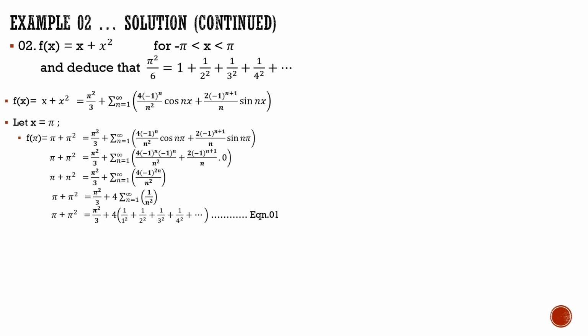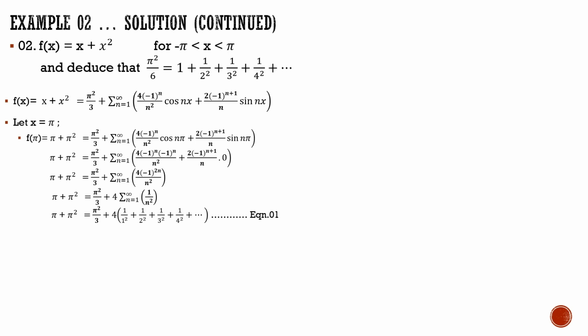We can simplify that as 5 plus 5 squared equals 5 squared over 3 plus 4 times (1 over 1 squared plus 1 over 2 squared plus 1 over 3 squared plus 1 over 4 squared plus so on), and call that equation number 1.